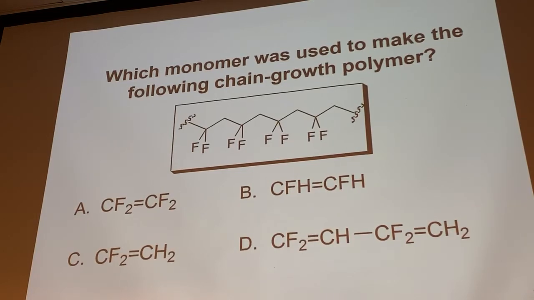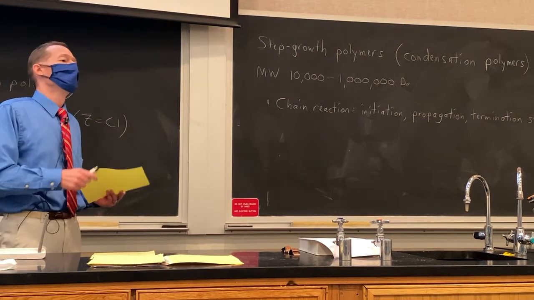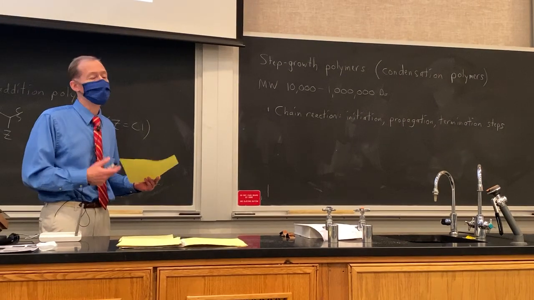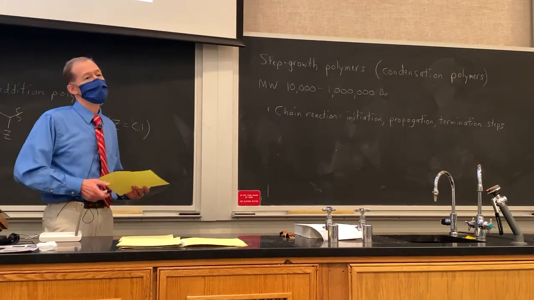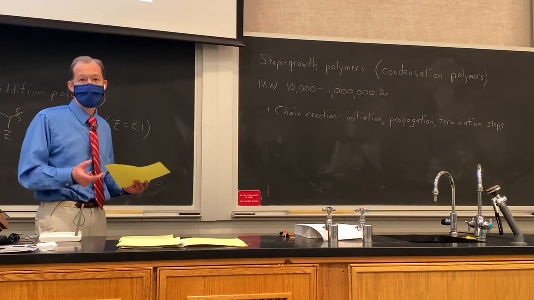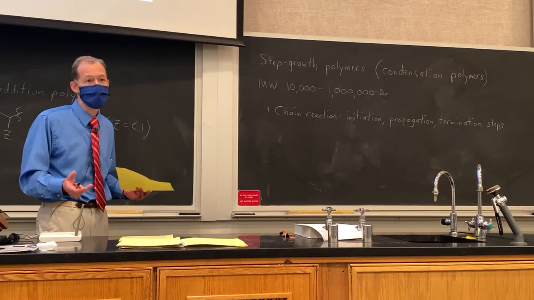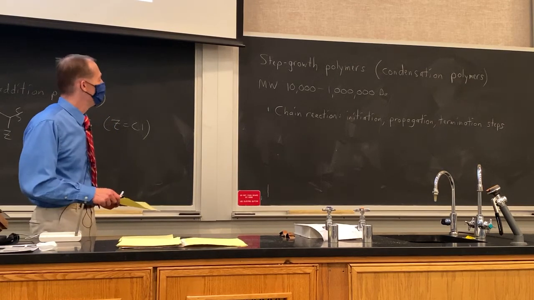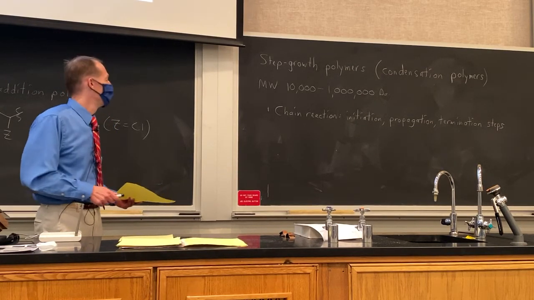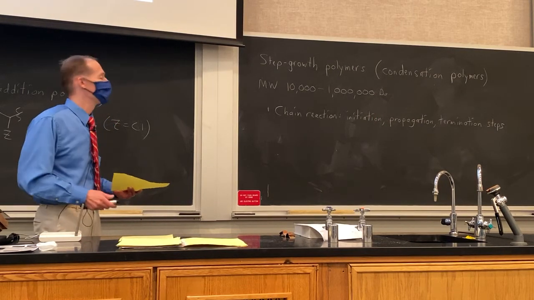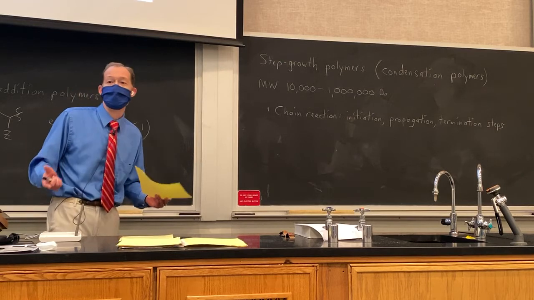All right, so let's take a look at a mechanism for radical polymerization. Before we do that, chain growth polymerization reactions are going to be chain reactions. And the only chain reactions we've learned about so far in class are radical reactions. Many of the radical reactions, maybe all the radical reactions we learned in class are chain reactions, because those are common in radical chemistry. And they involve an initiation step followed by many, many propagation steps, and then they conclude with a termination step.